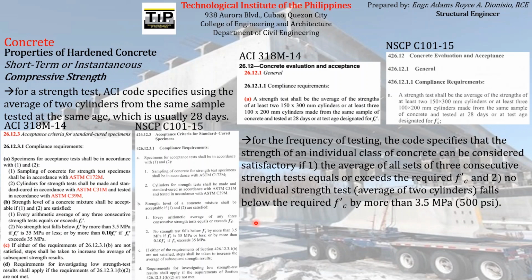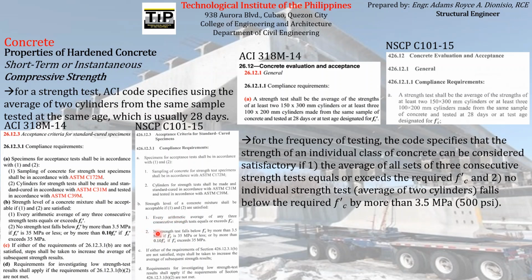So let's say our target FC prime is 30 megapascal. Since we already got an average of 35 megapascal on the consecutive strength tests that we have conducted, it exceeded our FC prime.